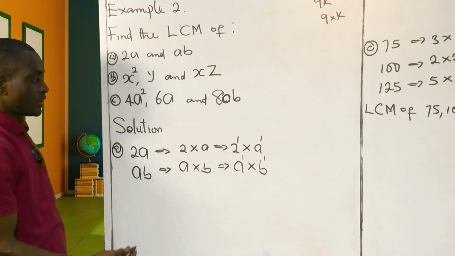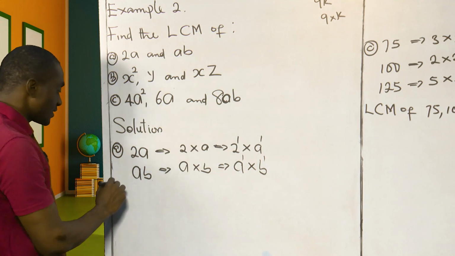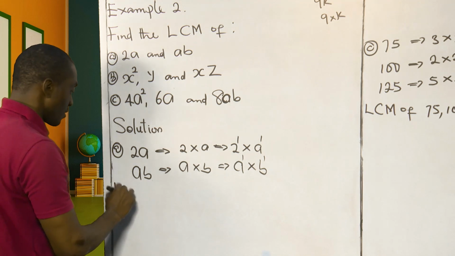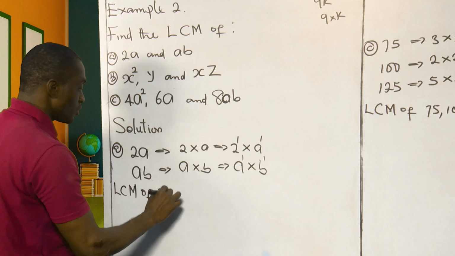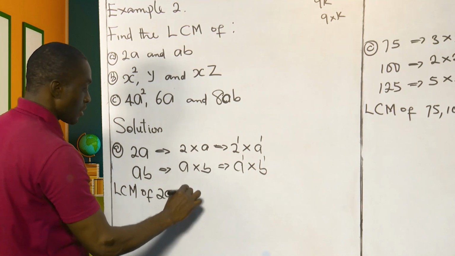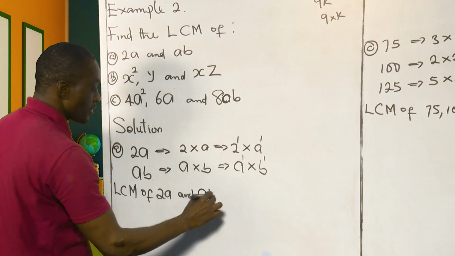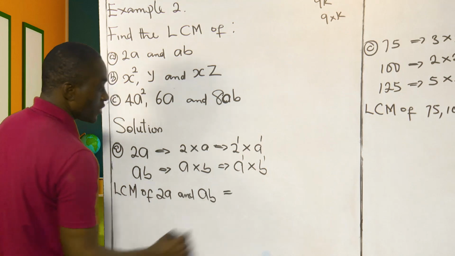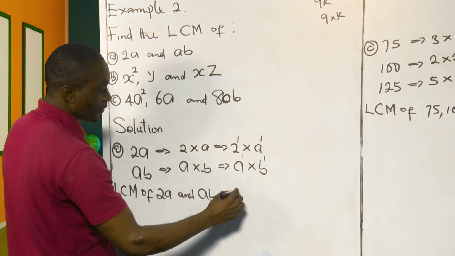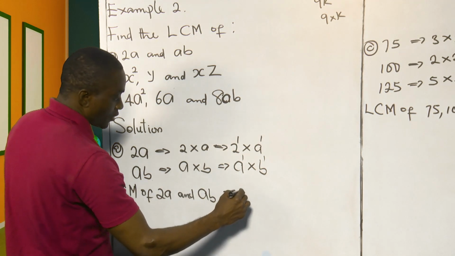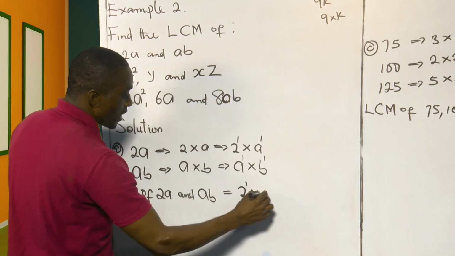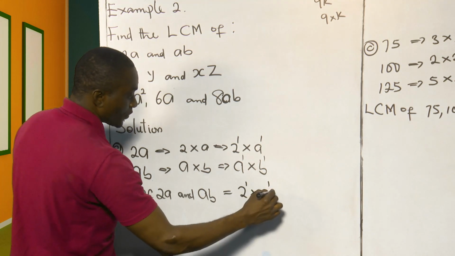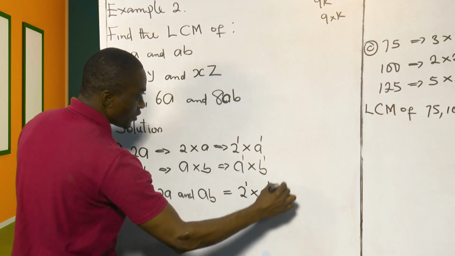Now, the LCM of 2A and AB will be equal to 2 raised to power 1 multiplied by A raised to power 1 multiplied by B raised to power 1.